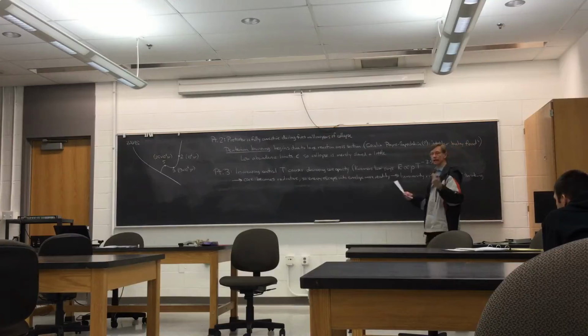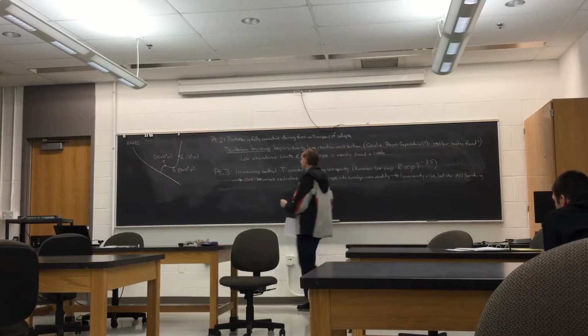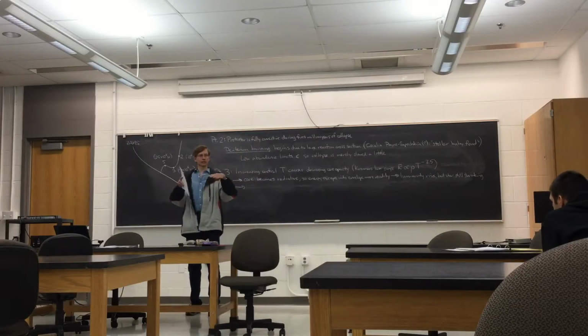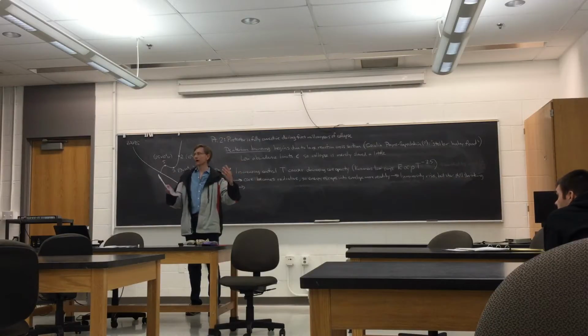But the star is still collapsing, it's still shrinking. So if L is going up and the star is getting smaller, it has to be that the surface temperature is rising, right? Because 4 pi R squared sigma T to the 4th is the luminosity.